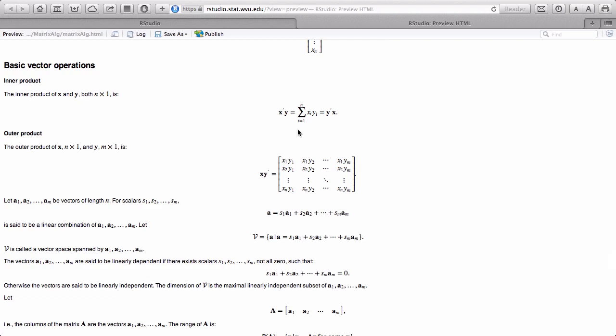It's important to understand the concept of linear combinations. If I have a1, a2 up through am that are vectors, and then I have these scalars s1 through sm, and I take a linear combination of those, I'm scalar multiplying s1 times a1, so that multiplies every element of a1 by the scalar s1, and likewise s2 times a2, and so forth. That gives me a new vector, a.